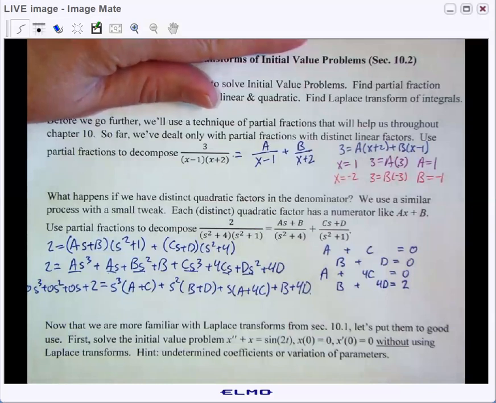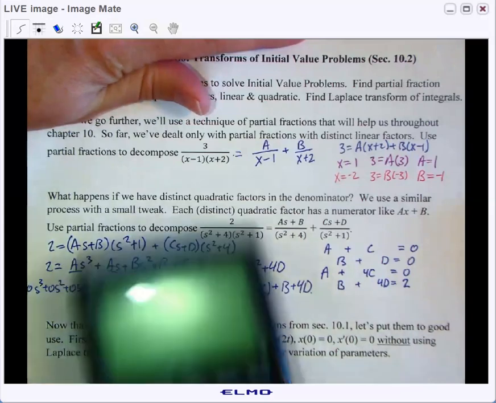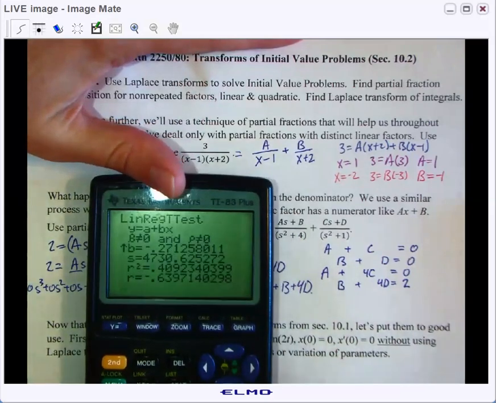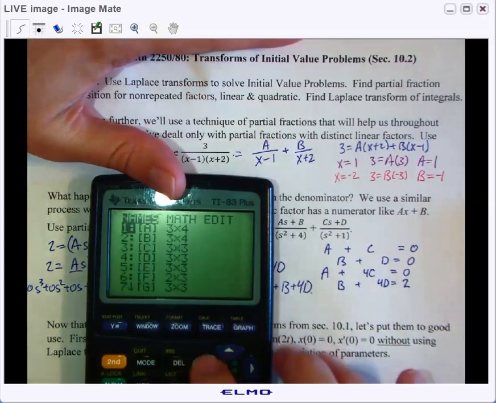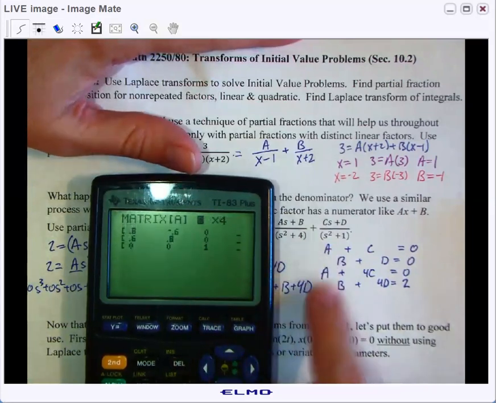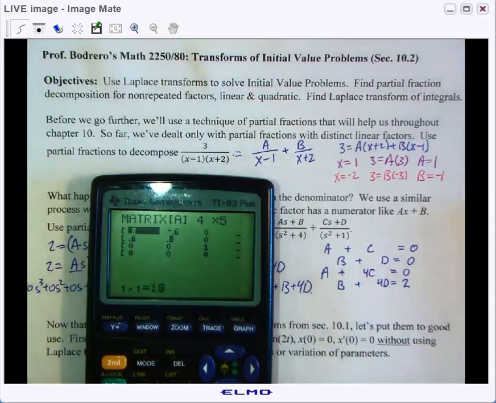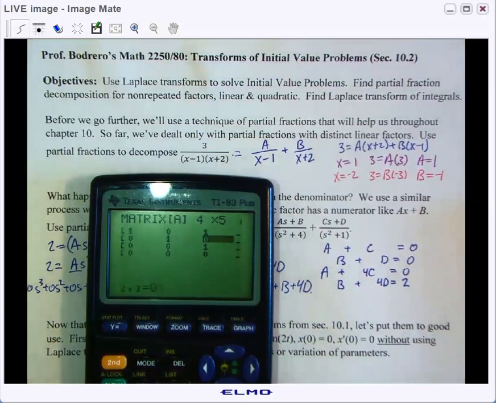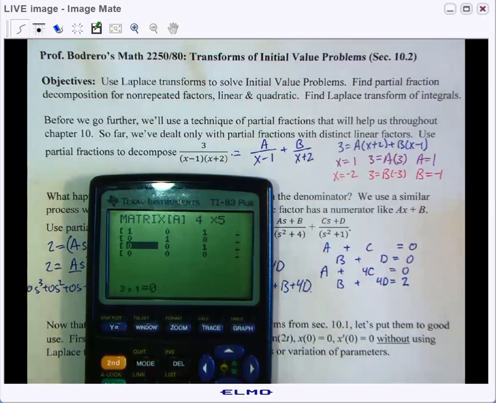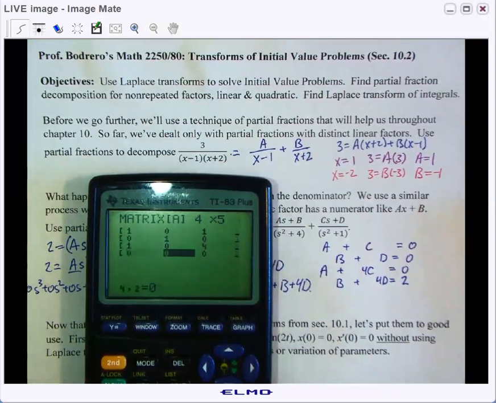Okay. We can then put that into a matrix. Let's do that really fast. So let's matrix edit. This will be a 4 by 5 matrix with coefficients of 1, 0, 1, 0, 0, 0, 1, 0, 1, 0, 1, 0, 4, 0, 0, and 0, 1, 0, 4, 2.